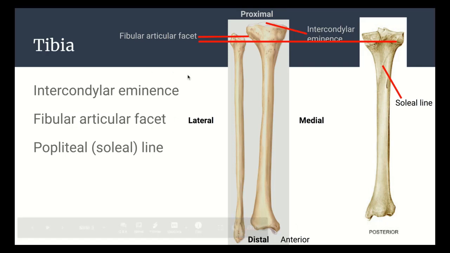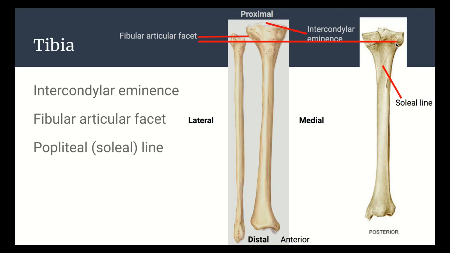So now we have the intercondylar eminence. So remember, we just learned the term condyle. So your two condyles are here. Between the two condyles, that would be your intercondylar eminence. Eminence is a small protrusion from the bone. The fibular articular facet. So this is the articulation point that I was just talking about on the tibia.